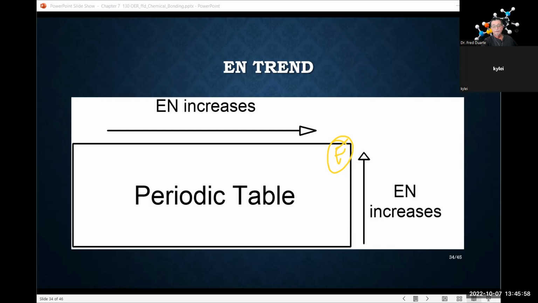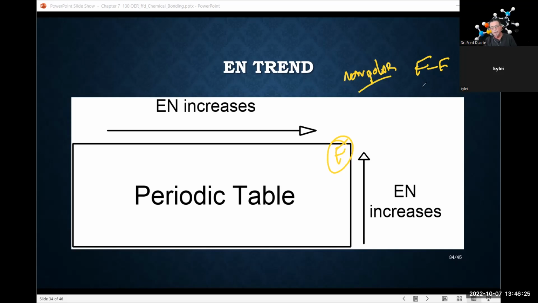So that tells you that if you ever see a bond with fluorine bonded to it, then automatically the electron density is being pulled to the fluorine unless it's bonded to another fluorine. All right. So, for example, if it's fluorine bonded to fluorine, well, that would be a non-polar bond, because first of all, it's the same atom.